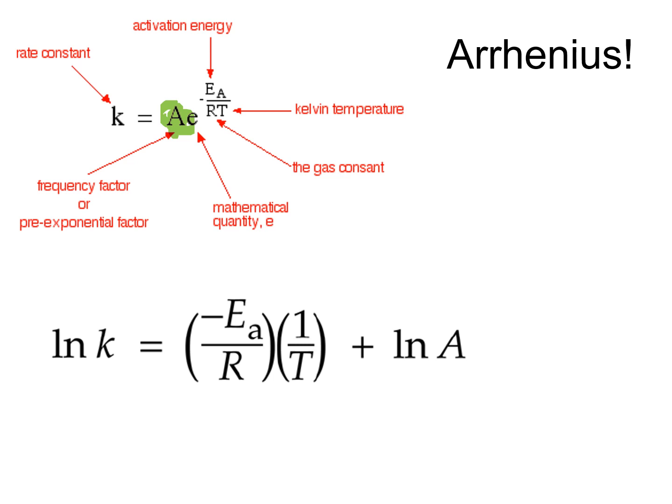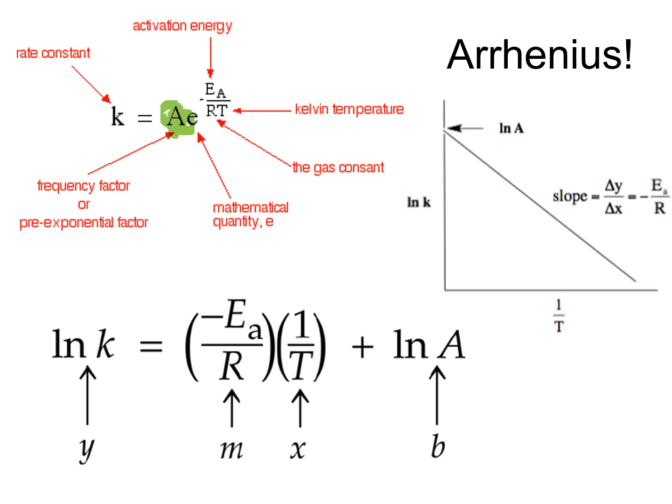So this is a way to linearize the equation, because if you plot on a graph the logarithm of K on the y-axis and the reciprocal of T, of the temperature, on the x-axis, you get a nice straight line with a negative slope.